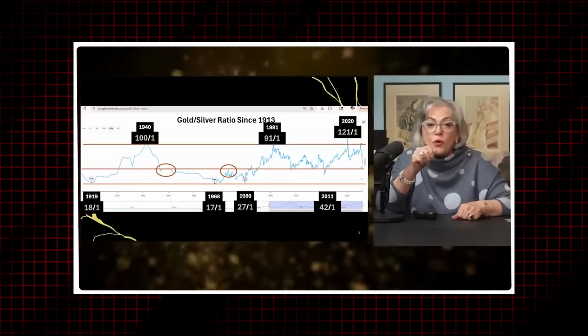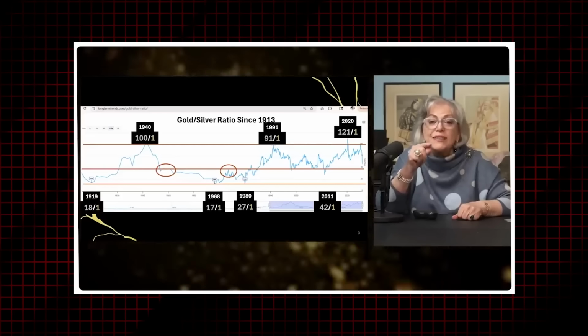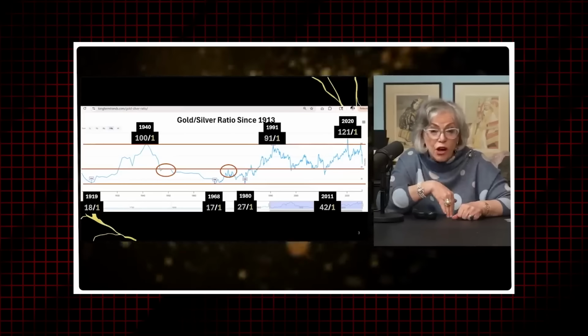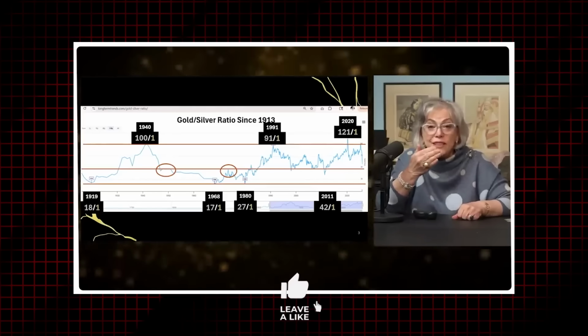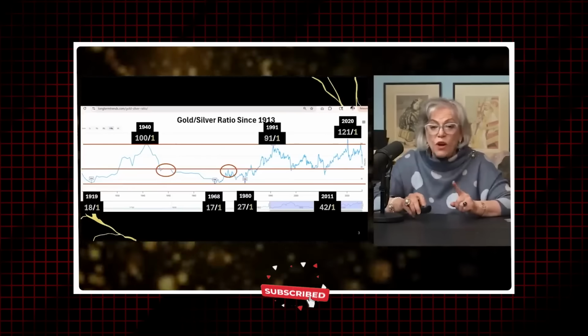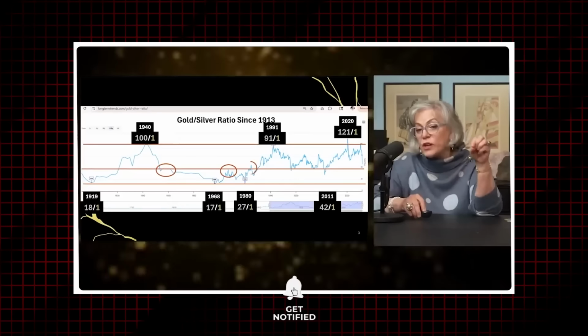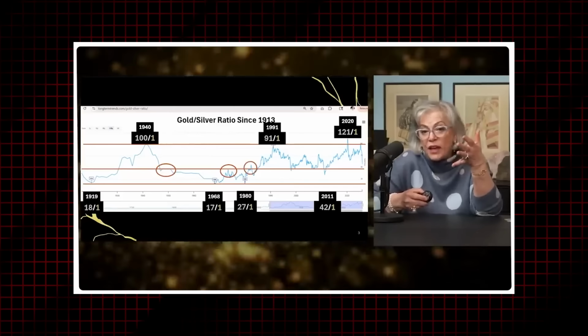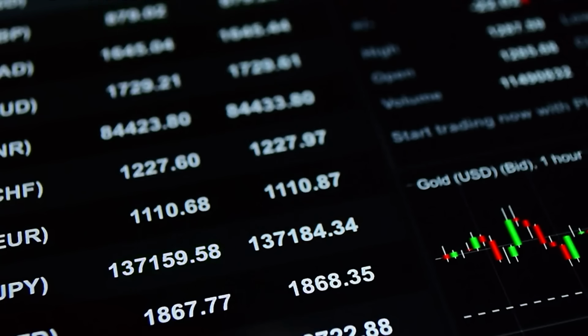When you see a pattern shift, it's because it either goes below that support level, which means it's likely to go lower, or it's going above the resistance level, which means it's more likely to go higher. So that's why I wanted to show you this, because where are we right now? What can we anticipate? Fast forward to today, the silver to gold ratio hovers around 58.1, a significant drop from earlier peaks.